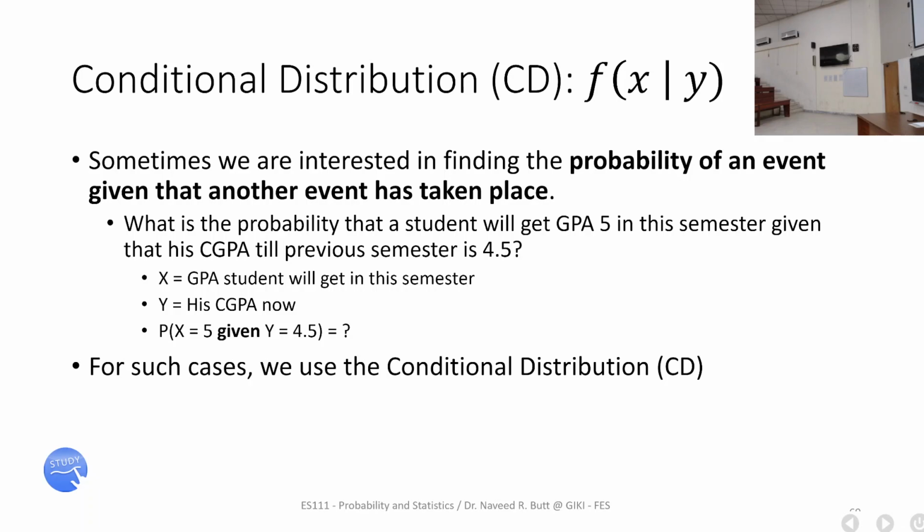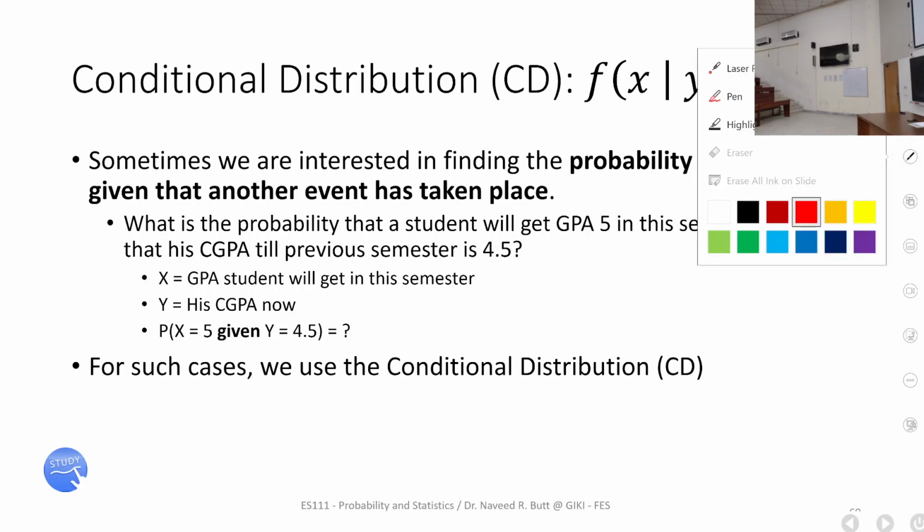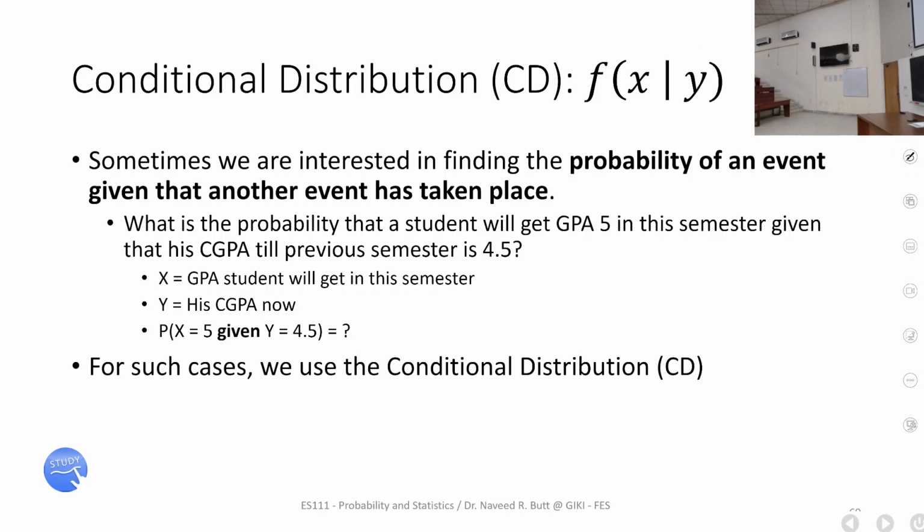Let's see if I have that written here. First, let me define that. We will do it like this. It's probability x given y. Okay. And we will write it to make it even more clear now in terms of numbers.